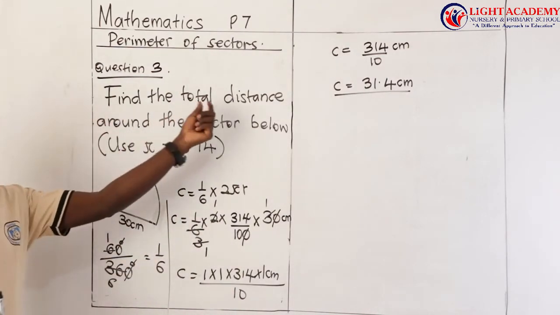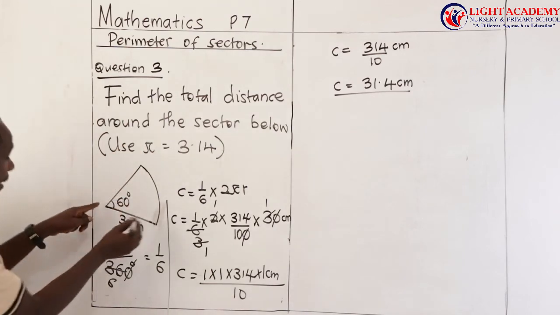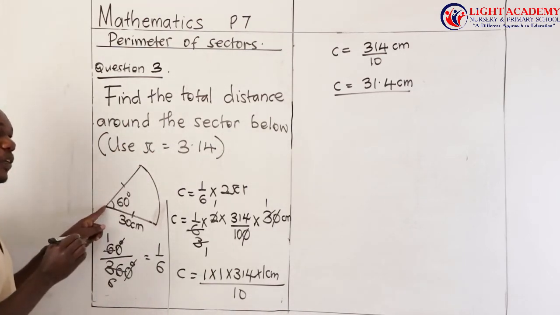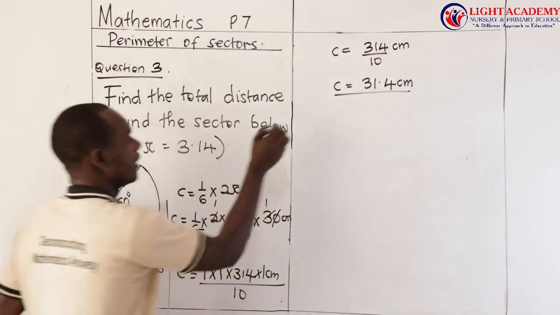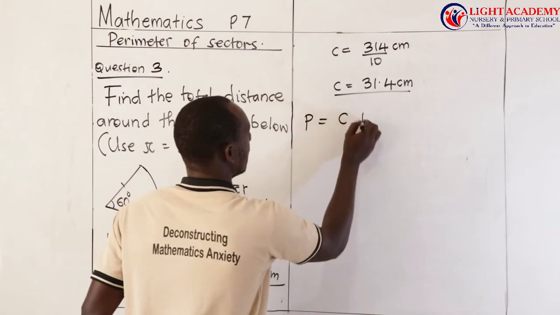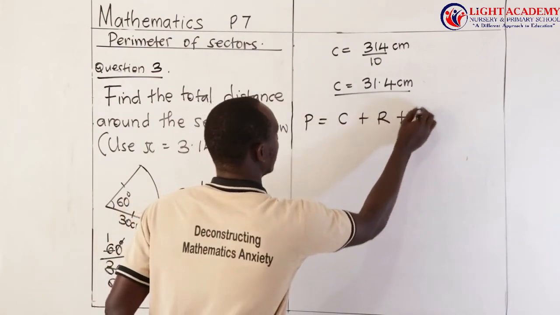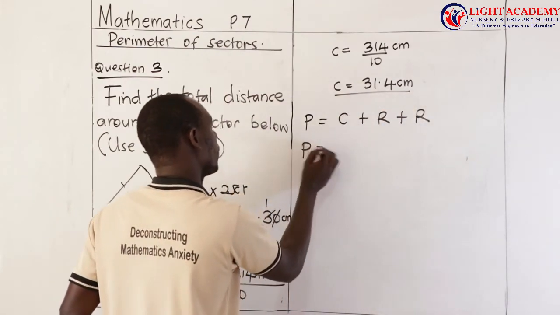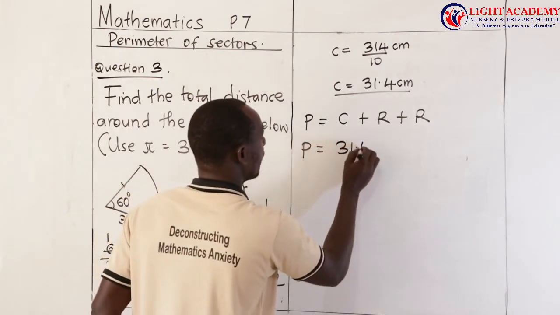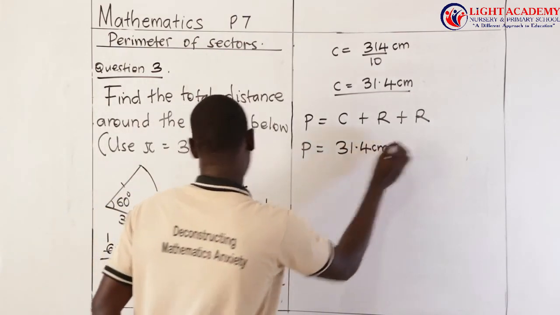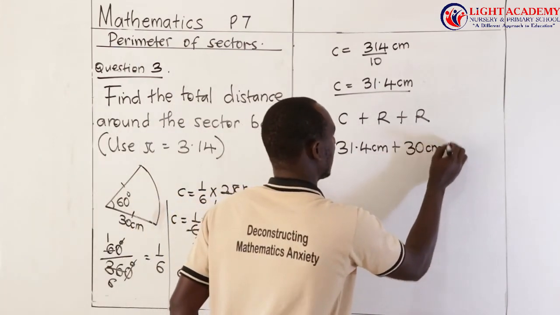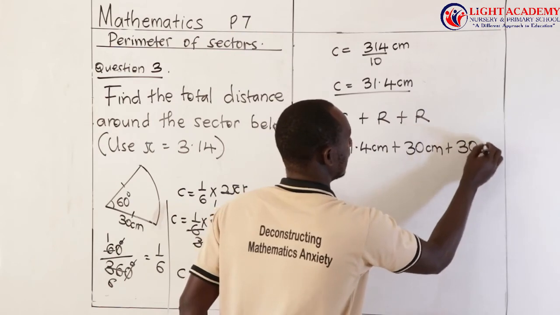But they are asking for the distance around, and this is a radius, even this is a radius. That means they are equal. So now to find our perimeter, I will say perimeter of that sector equals circumference plus radius plus radius. Your perimeter will be equal to the circumference, which is 31.4 centimeters, plus the radius, which is 30 centimeters, then plus another radius, which is 30 centimeters.